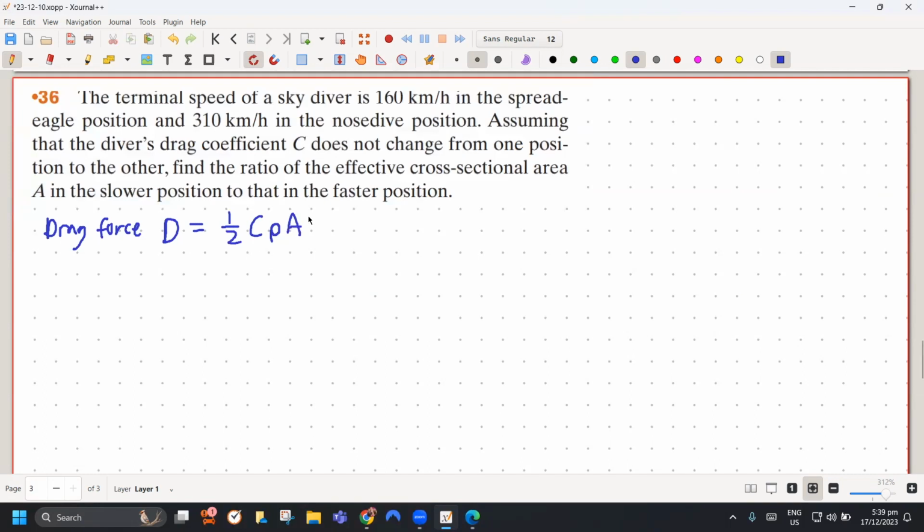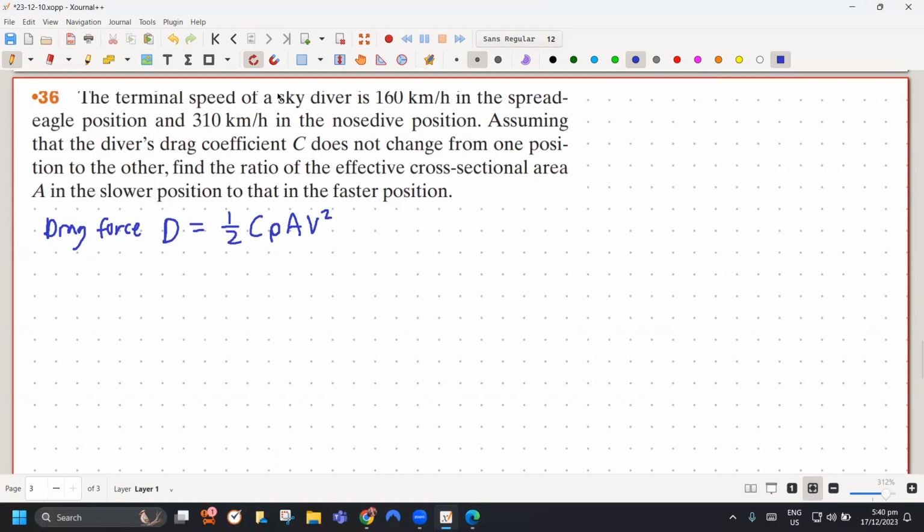Now, for this problem, we don't know what the constant is, and we don't know the density of the air. What changes is the area before and the area after.